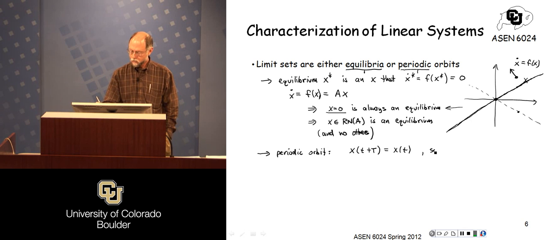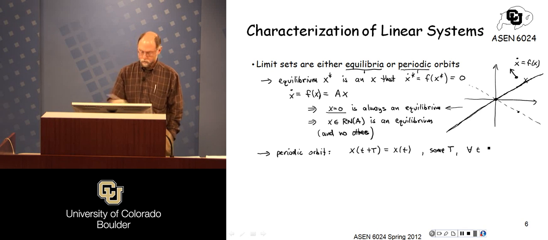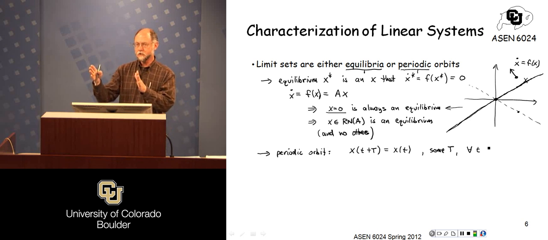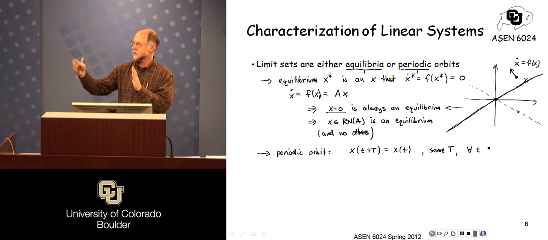And so there must be some fixed cap T for which this is true, and then this has to be true for all time. Okay, so if I slide t along, there's some delay cap T for which the values of that solution are the same. Okay.